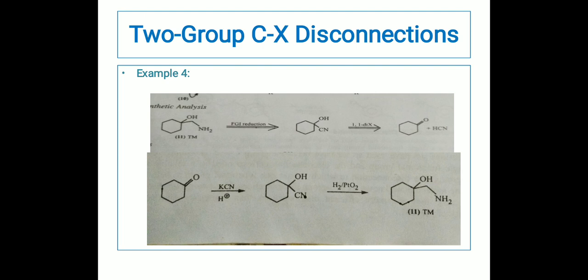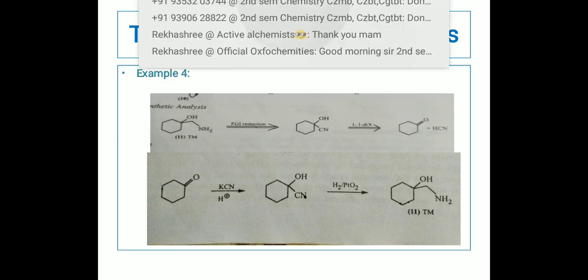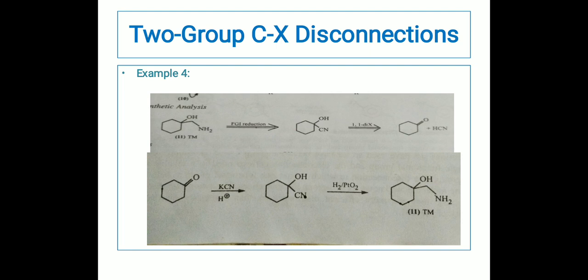So here the cyano group is getting interconverted, and we write reduction above the retrosynthetic arrow. We know that this is a reverse reaction, and that is the reason why we write reduction above the retrosynthetic arrow. It means that the nitrile group on reduction gives rise to the amine group.